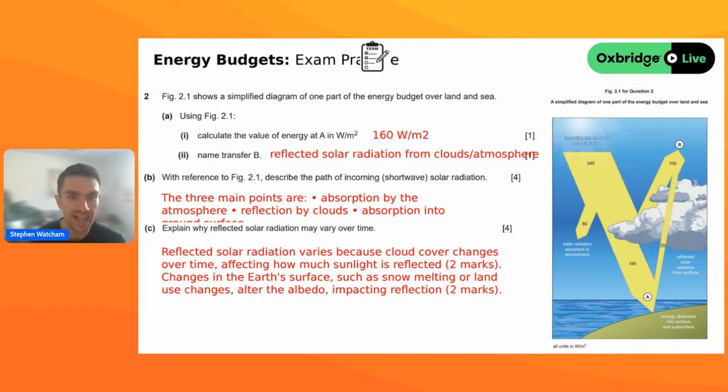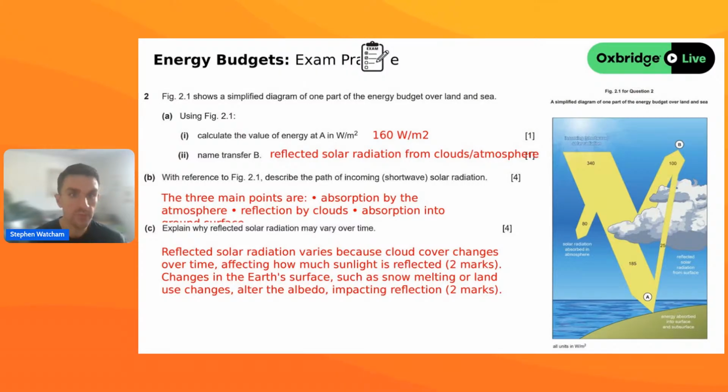That's taking out the radiation that's been reflected by the clouds and the radiation that's been absorbed by the atmosphere, and that's the amount of radiation coming down to our Earth's surface. Some of that is being reflected back up from the Earth's surface. So we were losing 25 watts per meter squared. So 185 minus 25, at this point, we're going to have 160 watts per meter squared.